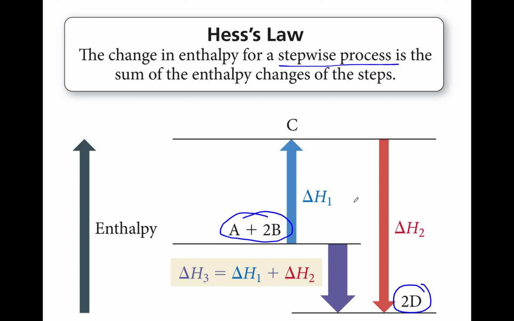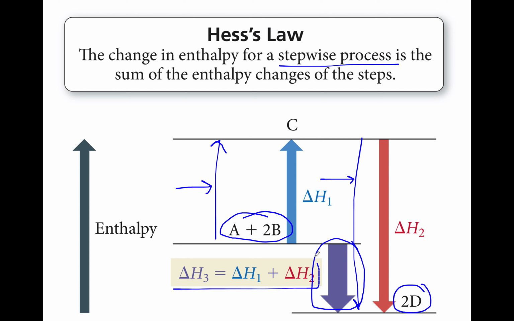But I know A plus 2B can go to C, and then I know the reaction of C to go to 2D. So, state function, if you take this arrow and this arrow, you can solve for the value of going from A plus 2B to 2D. So this is the summation of Hess's law, putting these things into action.